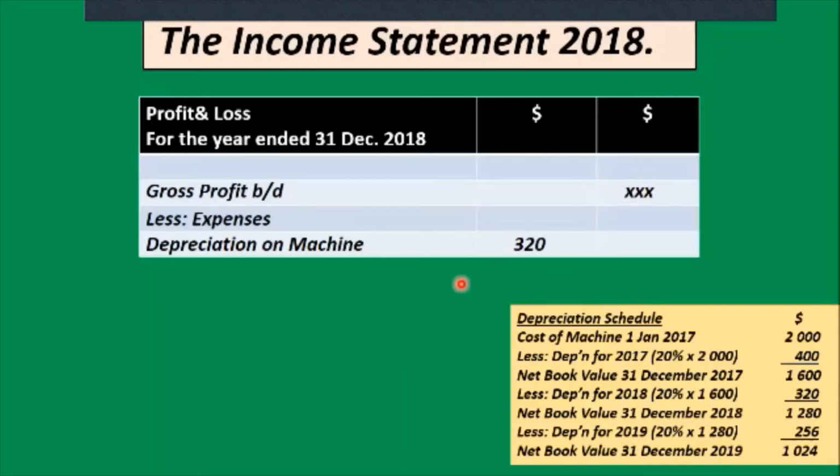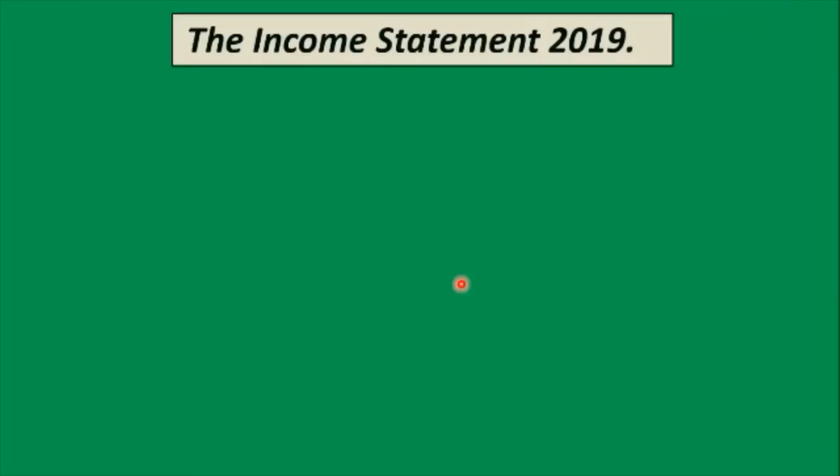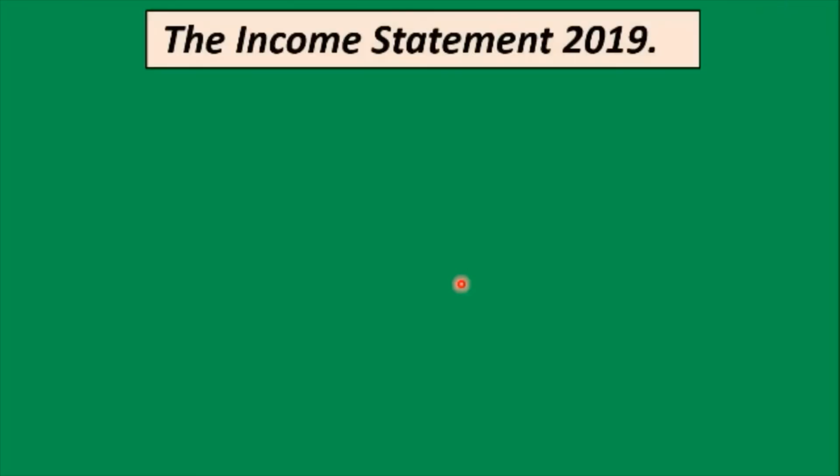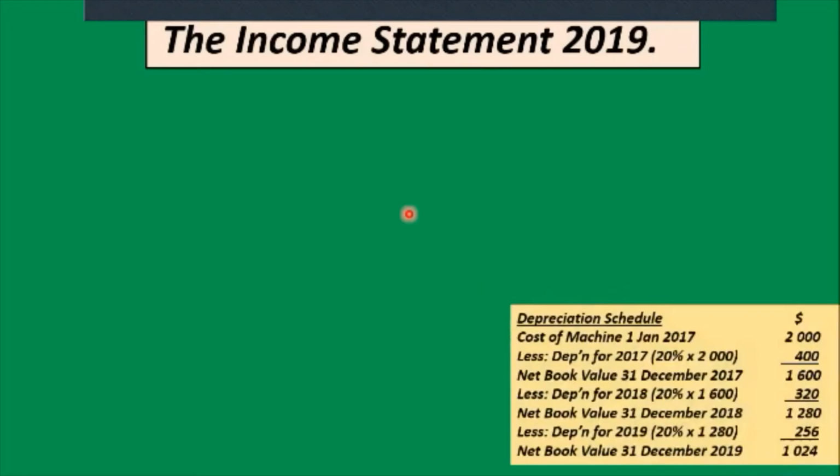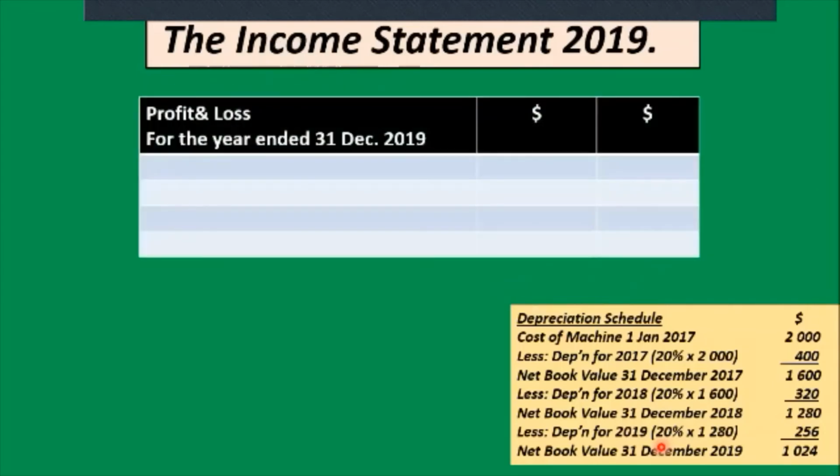Then you move on to the next year, 2019. We check our depreciation schedule for 2019, and we see the depreciation is 256. Go to our profit and loss account for the year 31st December 2019.